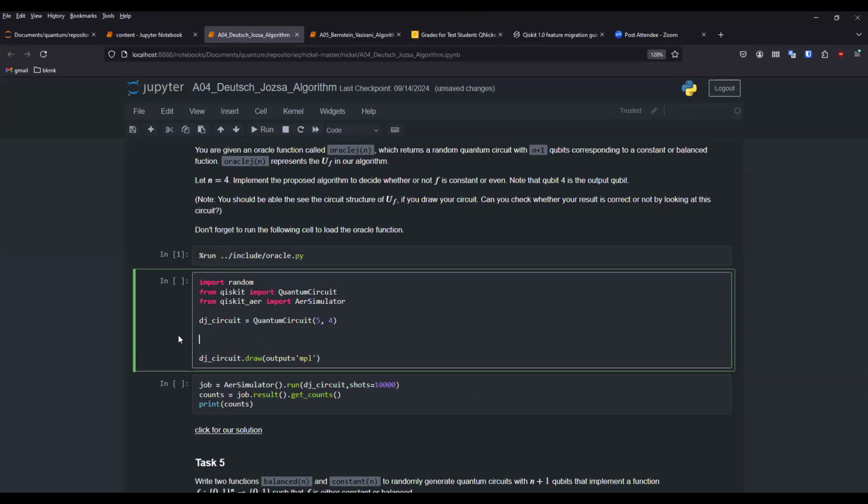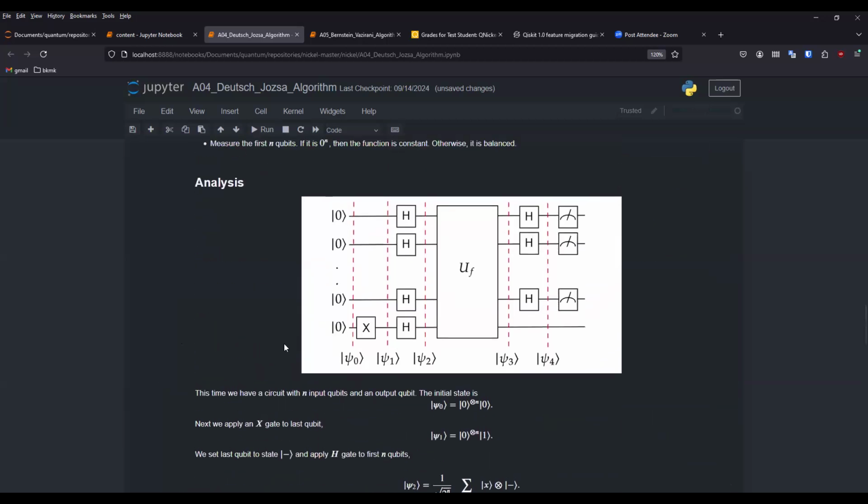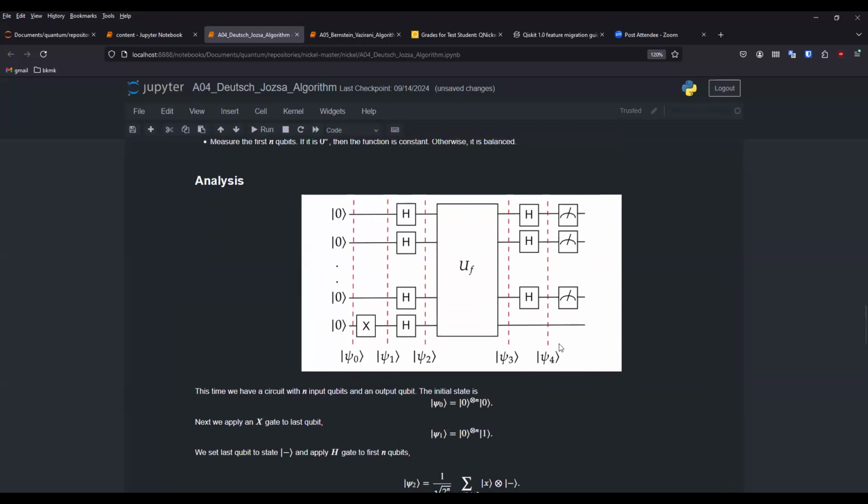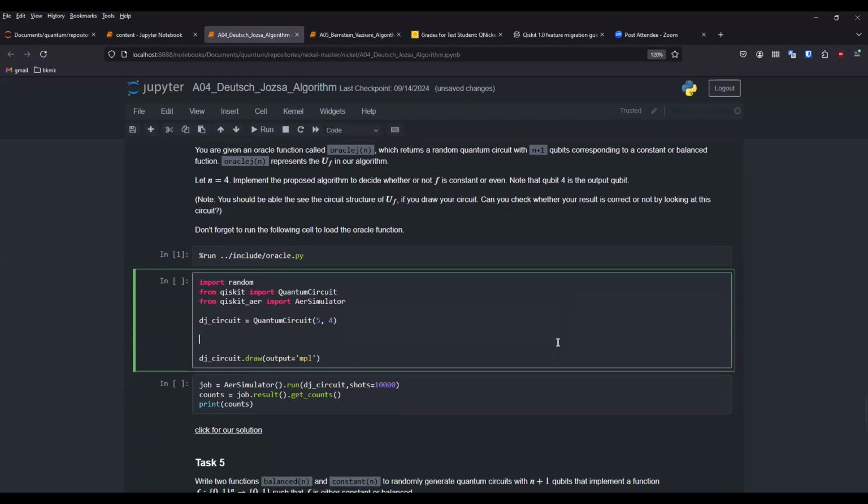Well, first, let's revise what we need to do. We need to apply a NOT gate to the last qubit, then Hadamards to all of the qubits. Next are the oracle, Hadamards to all the input qubits, and measurement of all the input qubits.